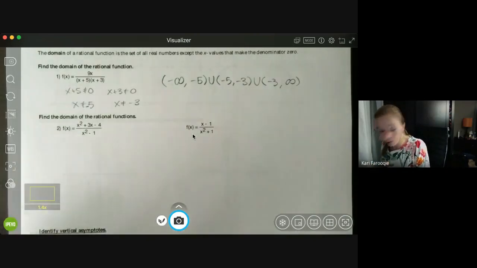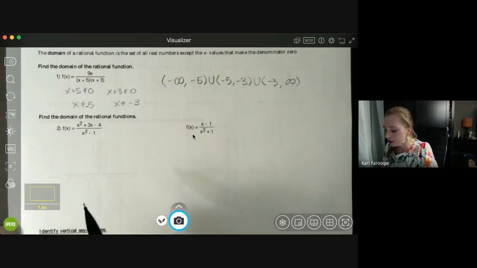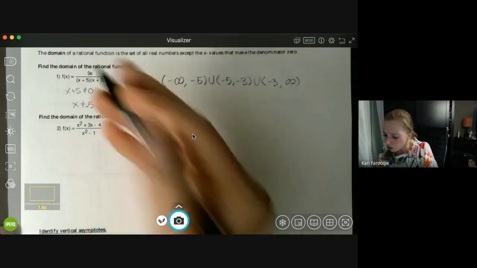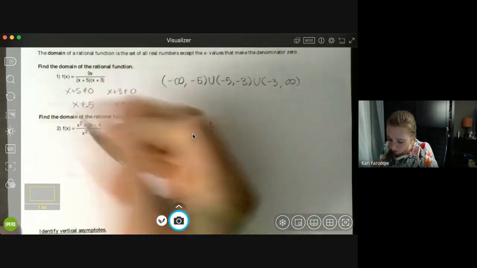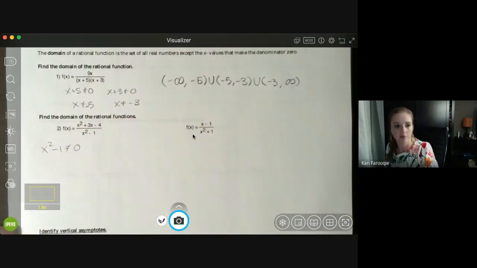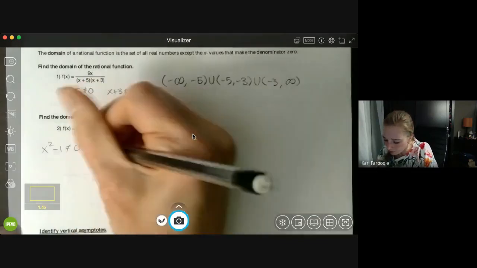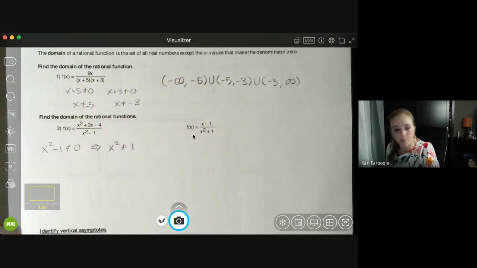All right, number 2. This one is not factored for you. You're going to have to factor it. I guess technically you could, if you wanted to, use the square root property. So you could say that this denominator x squared minus 1 can't equal 0. That's fine. That's totally valid. And then you would say x squared cannot be equal to 1.